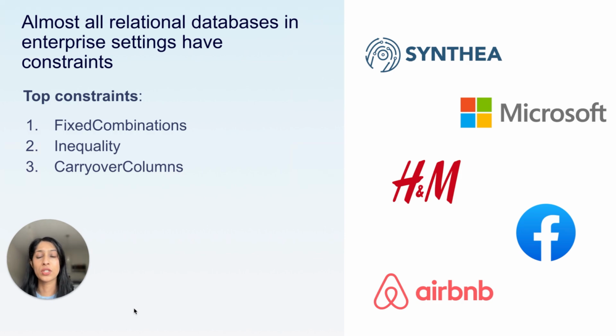So generally across all these datasets, there are a few common constraints that we frequently found. The first is fixed combinations, which indicates which columns belong together, like city and state. Then there's inequality, which we've already seen in the hotel example, where check-in date must be less than check-out date. And then third, there's carryover columns.